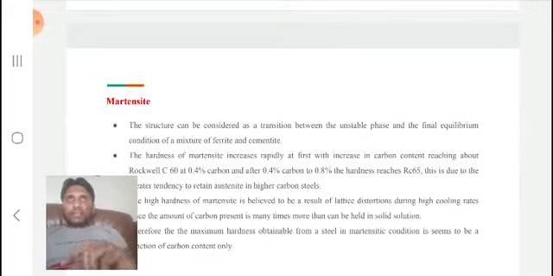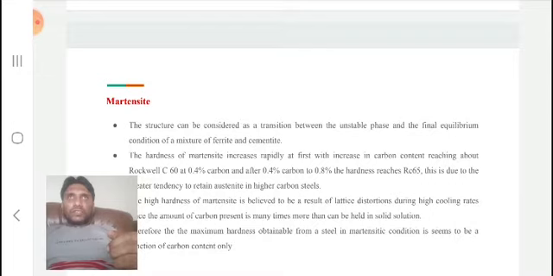In carbon content, the hardness, that is the formation of martensite, increases. So martensite is formed based on the carbon content.